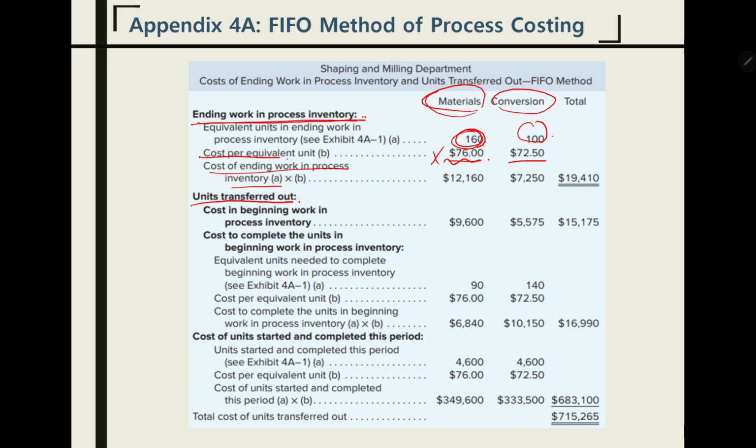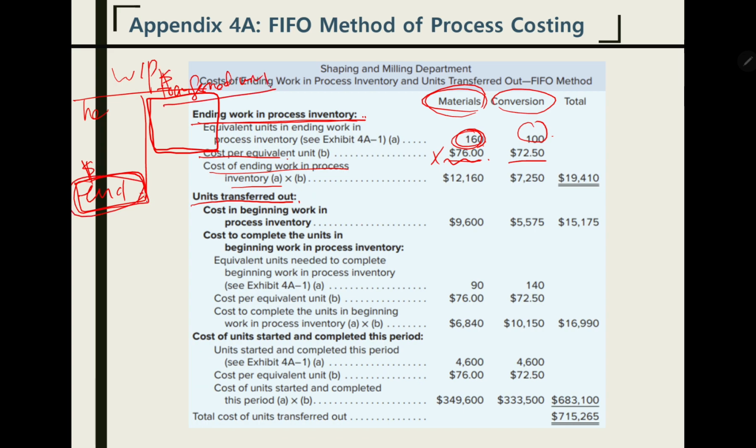So for the direct materials, work in process inventory ending balance. So we have to figure out the dollar amount of the ending balance, and the dollar amount of transferred units, right? Dollar amount of transferred units.